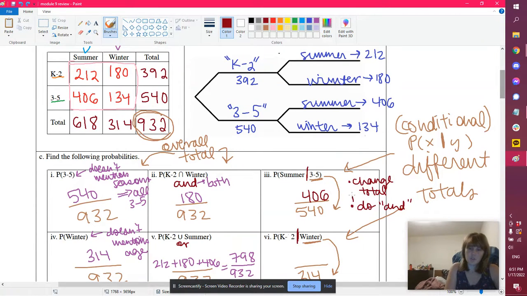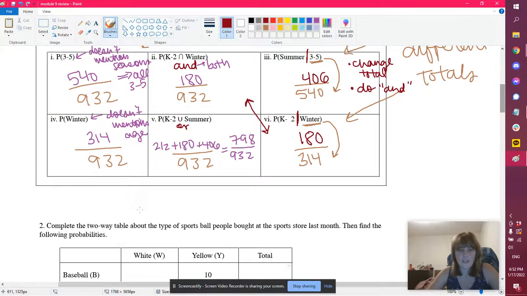So the numerator is summer and 3 through 5. The denominator, where we do this, just the 3 through 5 people. So K through 2 and winter is 180, and it's slightly different than number 2 because the denominators are different. And that's number 1.